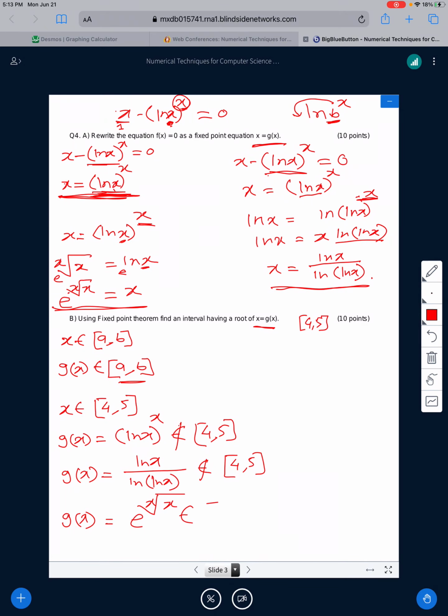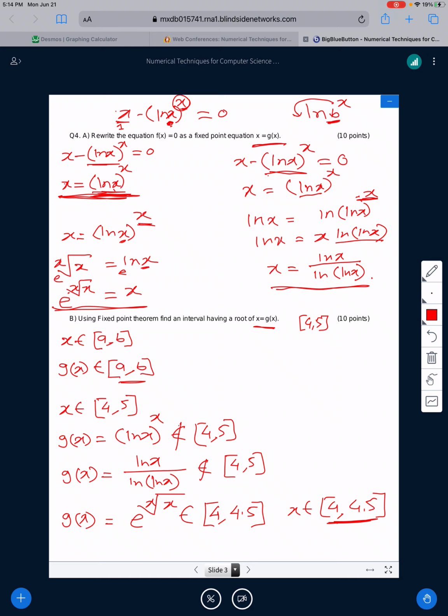When x is in 4 to 4.5, g of x is also in 4 to 4.5. So there is a root x belonging to 4 to 4.5. g of x also belongs to 4 to 4.5. So there is a root in 4 to 4.5 using the fixed point theorem.